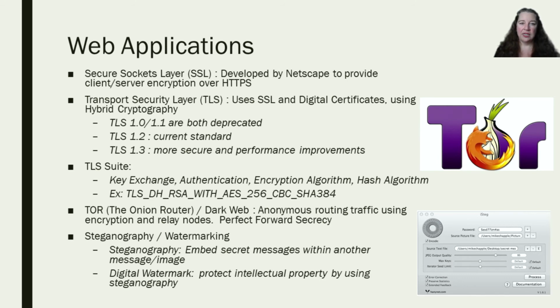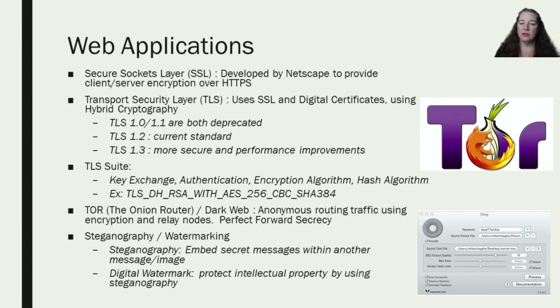When we use a TLS suite, we generally describe all the different parts of the TLS encryption environment, starting with what is the key exchange, what is the authentication, what is the encryption algorithm, and what is the hashing algorithm. The example given here is a TLS with Diffie-Hellman with RSA and AES using 256-bit, which uses CBC with a SHA-384 hashing algorithm.